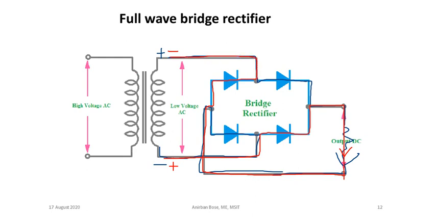So in this way the loop will be completed. So what will we get? We will get this kind of a DC, full wave rectification across the load.